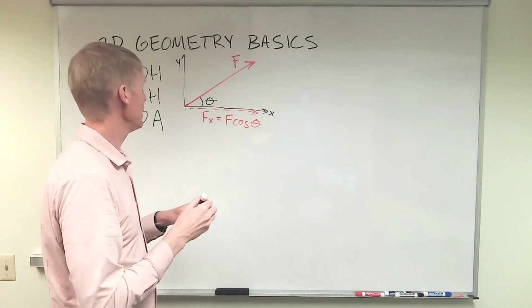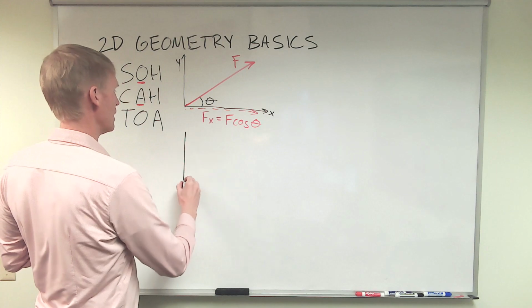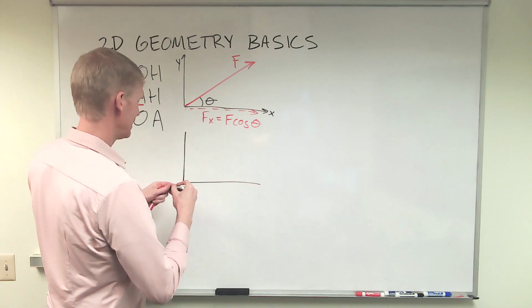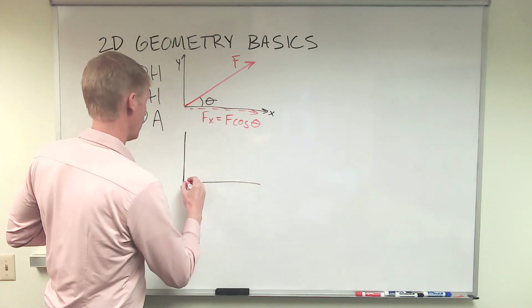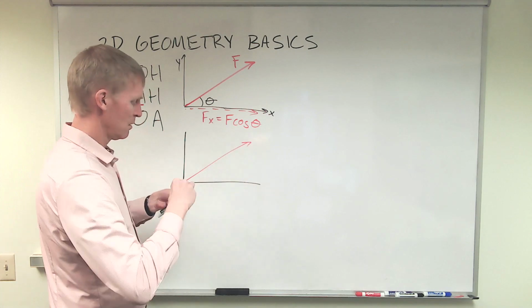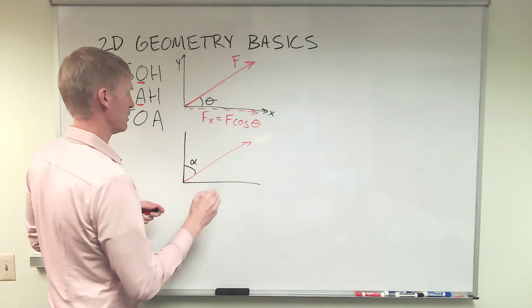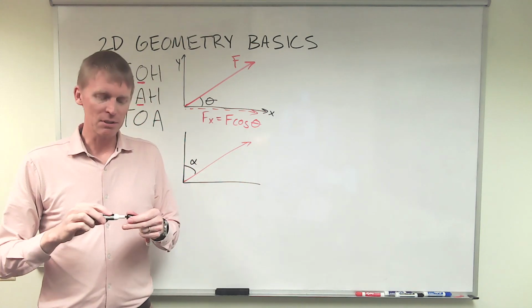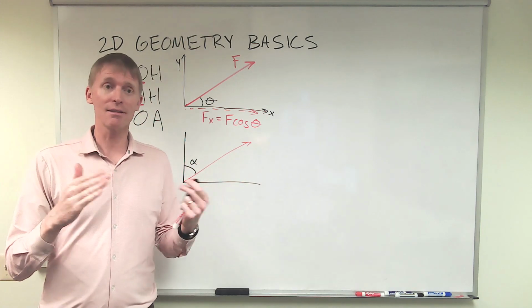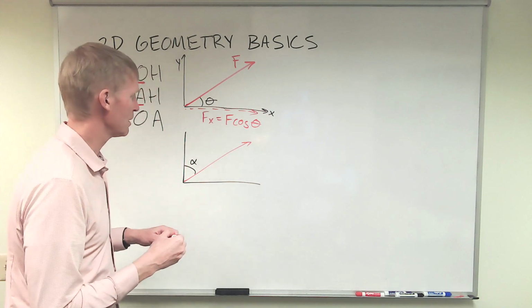The problem is if I give a system that looks like this, and instead of a horizontal angle, we're given a vertical angle. Let's call this alpha. If you're stuck in your head that cosine is always x and sine is always y, it's not going to work on this one.